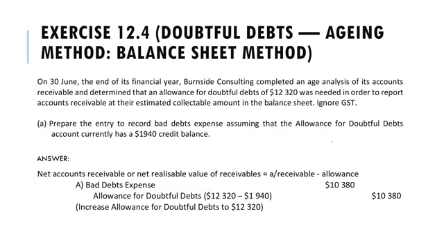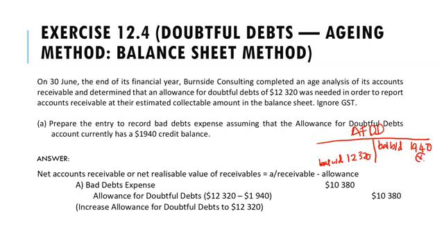So this is your allowance for doubtful debt account. You already have a balance here. Your balance brought down is 1940. And then when you come up with the aging method, you found out that the balance CD should be 12320. So you need to add the missing figure here.